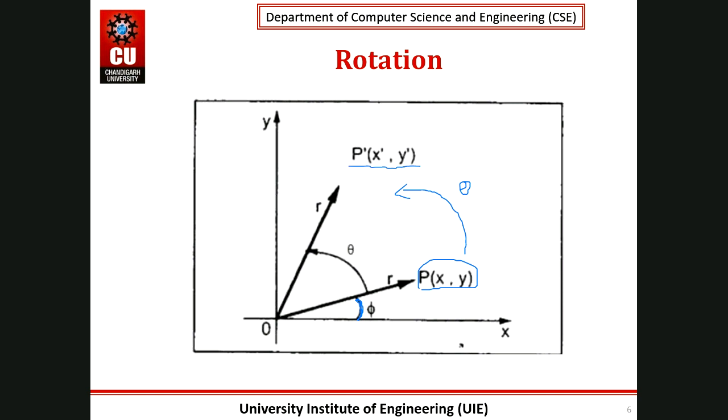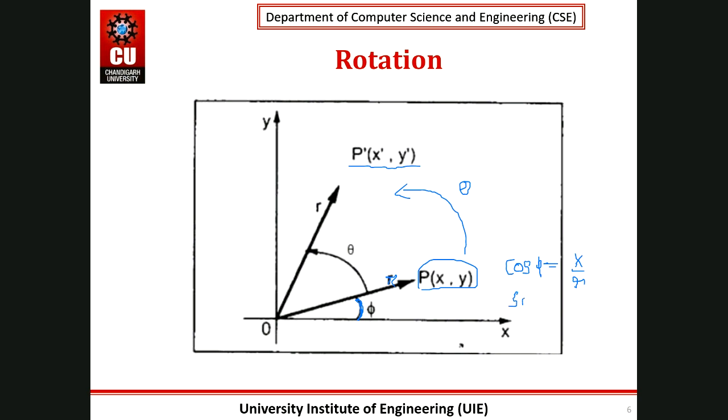Now I want to calculate the values of x and y in polar coordinates. What will be the value of cos phi? Cos phi will be equal to x upon r, that is, base upon hypotenuse. The hypotenuse here is the radius r, as you can see it is denoted by r. What will be the value of sine phi?